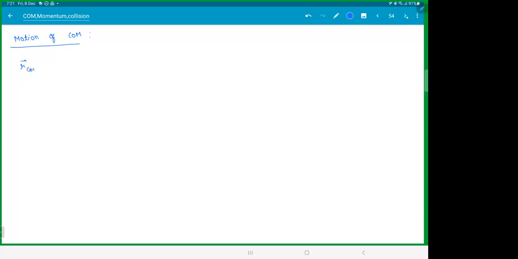We know the center of mass position vector is sigma mi ri by sigma mi. Now, if you differentiate with time, this will give you velocity of center of mass.